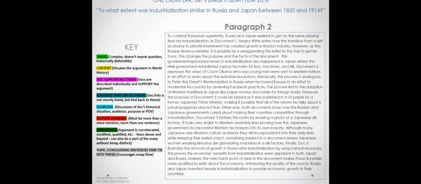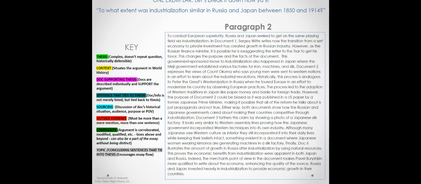This government-sponsored move to industrialization also happened in Japan, where the Meiji government established various factories for iron, machines, and silk. Document 2 expresses the views of Count Okuma, who says young men were sent to Western nations in an effort to learn about the industrial revolutions. Historically, this process is analogous to Peter the Great's westernization in Russia, where he toured Europe in an effort to modernize his country by observing European practices.